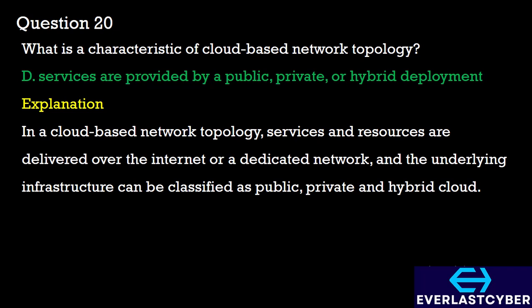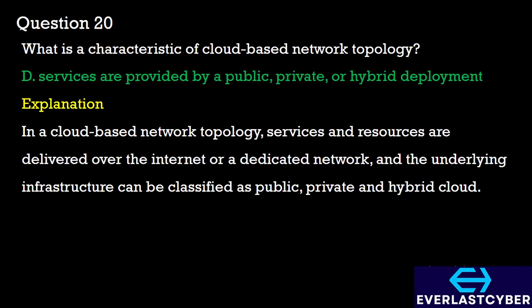In a cloud-based network topology, services and resources are delivered over the internet or on a dedicated network, and the underlying infrastructure is classified as public cloud, private cloud, and hybrid cloud. In public cloud, services are provided by a third-party provider over the internet and shared among multiple tenants.